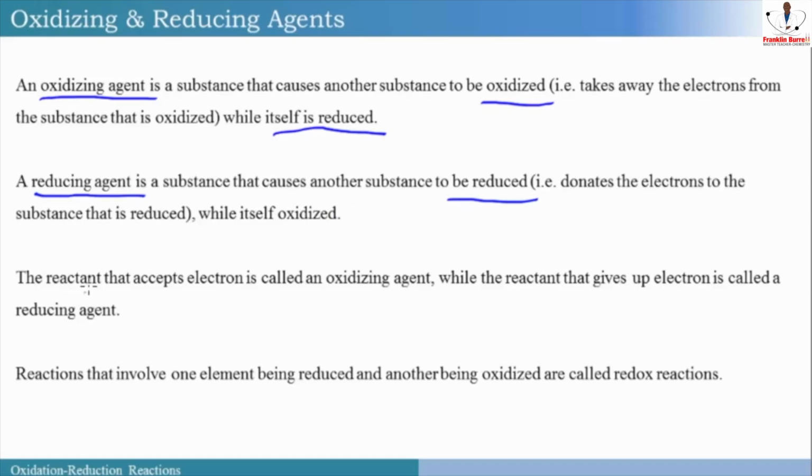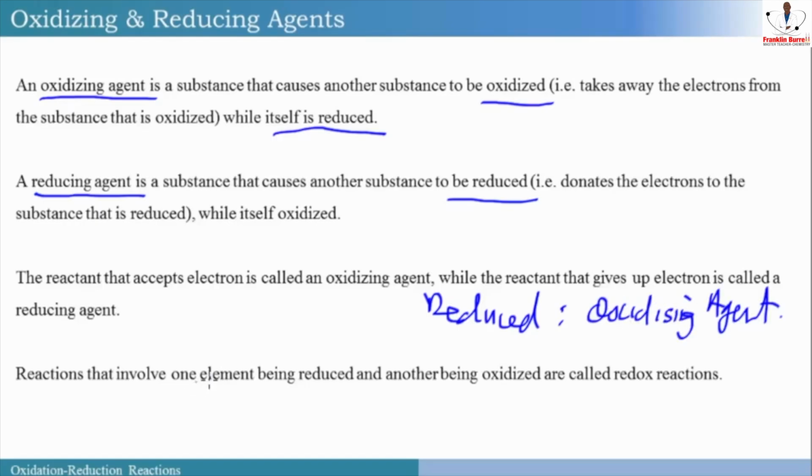So you will always see where the reactant that accepts electrons is being reduced, and that substance is called the oxidizing agent. So whatever is being reduced is the oxidizing agent.